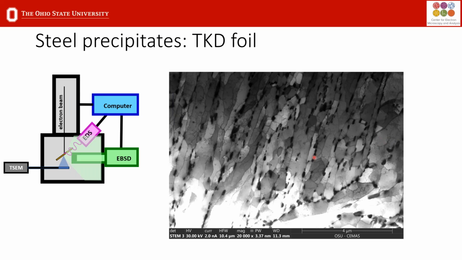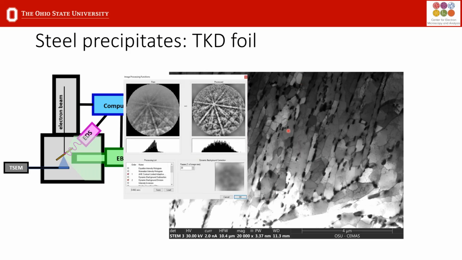Now, TKD analysis on a material where the thickness varies quite a bit can be quite challenging. In the OIM software, there's a very nice post-processing of the patterns where you can perform advanced background subtraction. For TKD patterns, what you want to maybe avoid is a static background correction, because the background will be different depending on the thickness of the foil.